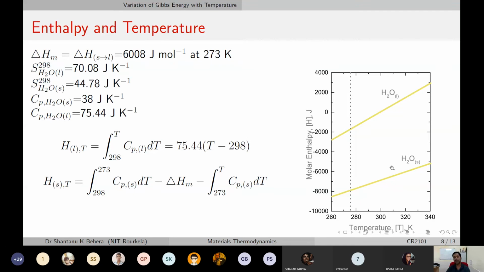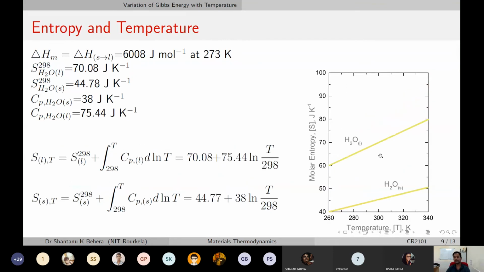So you have to have the dependence of the Cp curves of each of these phases to be able to find out exactly the difference between the enthalpies of the liquid phase and the solid phase at any other temperature.